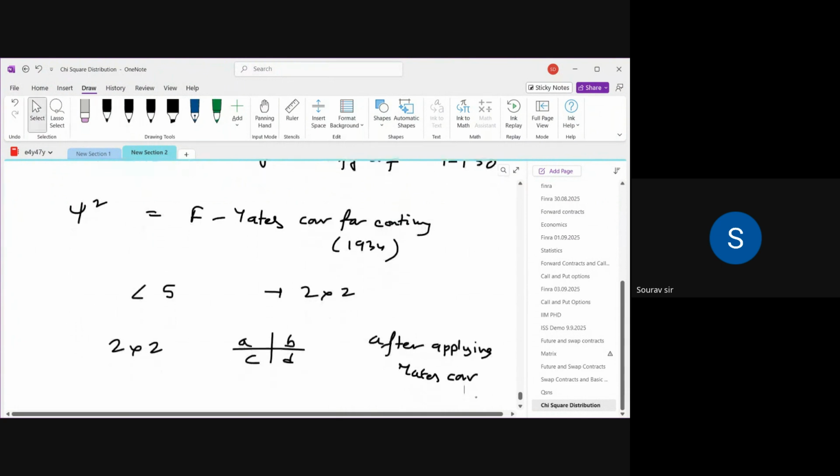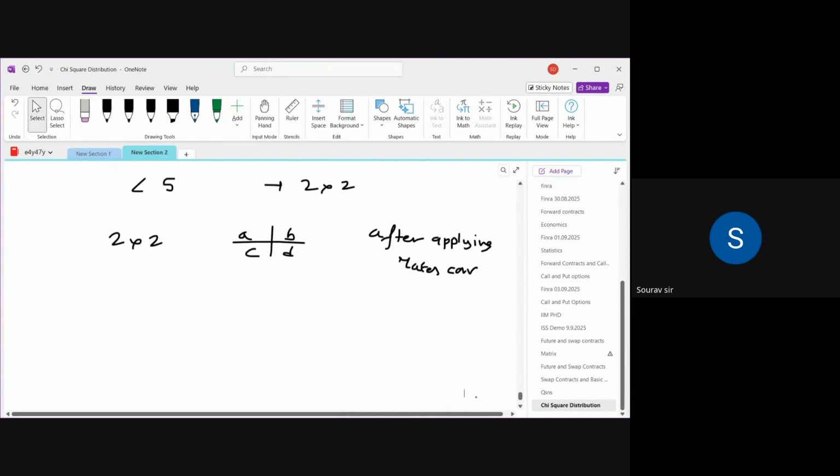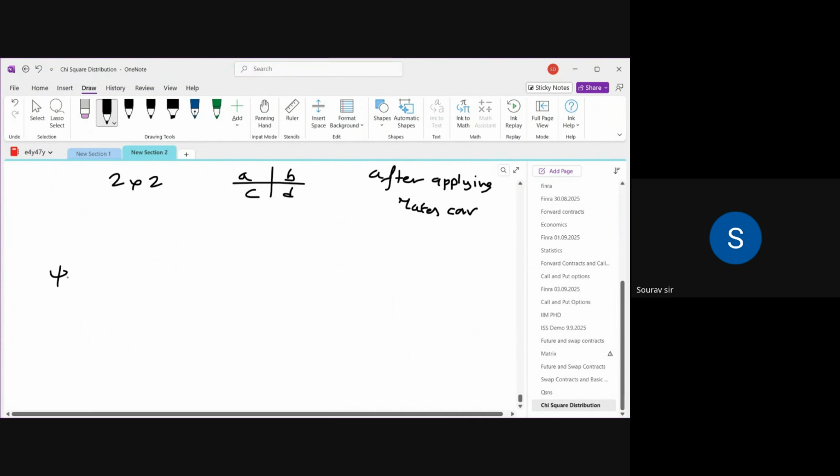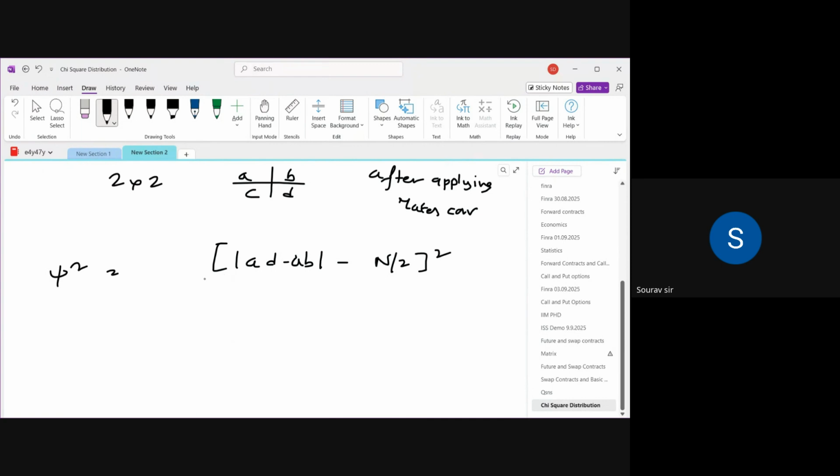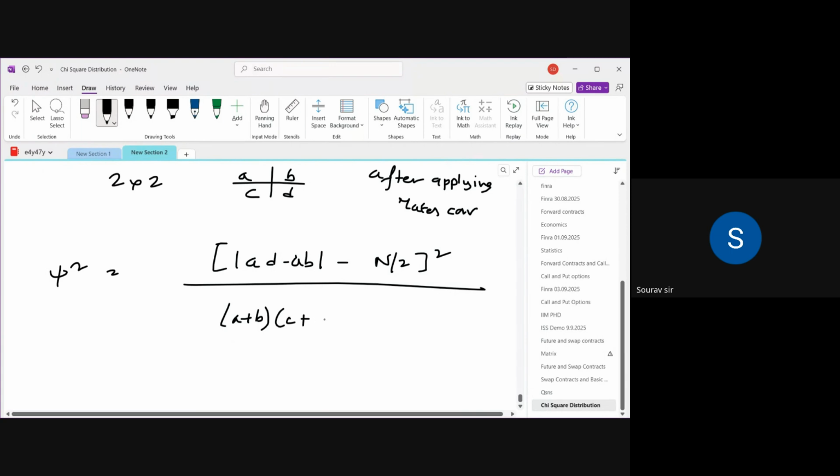Got it? So it looks like the formula N times (modulus of AD minus BC minus N by 2) whole square by (A plus B)(C plus D)(A plus C)(B plus D). Okay.